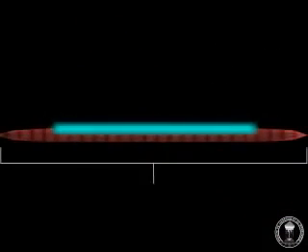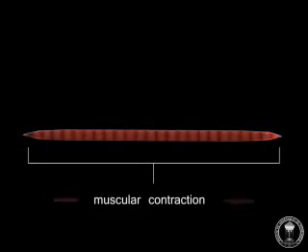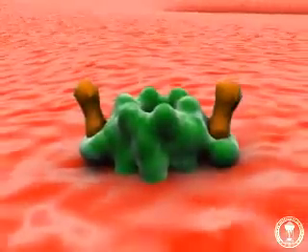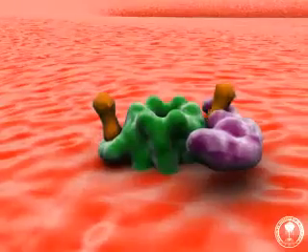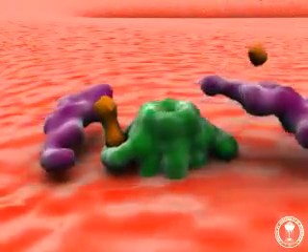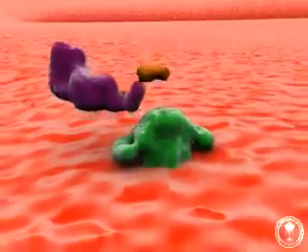This creates an end plate potential, which triggers a muscle action potential and induces a muscle contraction. The acetylcholine molecules are rapidly degraded by acetylcholinesterase to avoid the prolongation of muscle contraction.